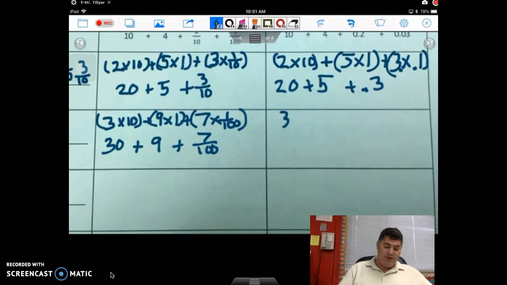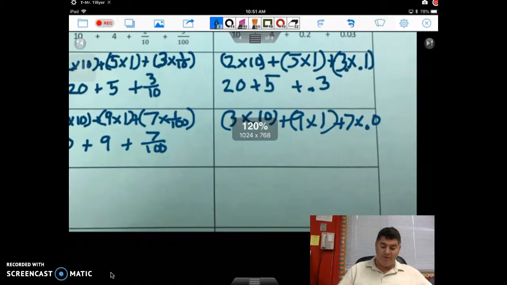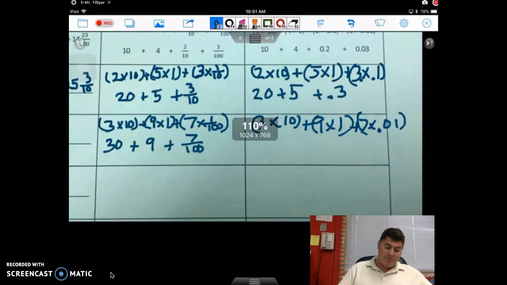So 3 times 10 plus 9 times 1 plus 7 times 0.01, or 1/100th. And 3 times 10 is 30, plus 9 times 1 is 9, plus 7 times 0.01 is 0.07.